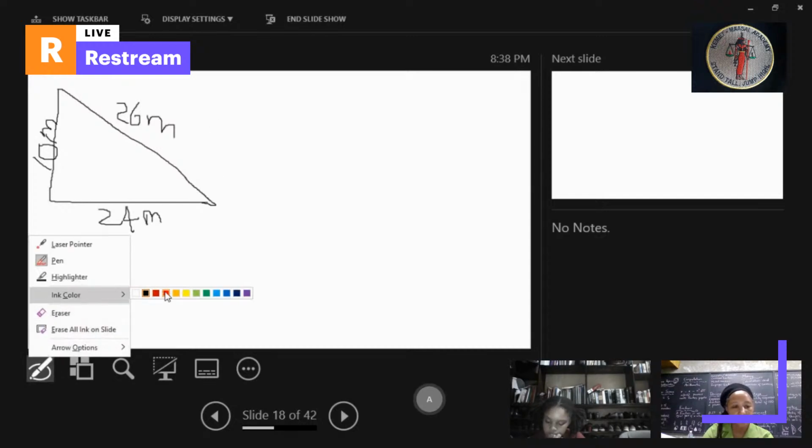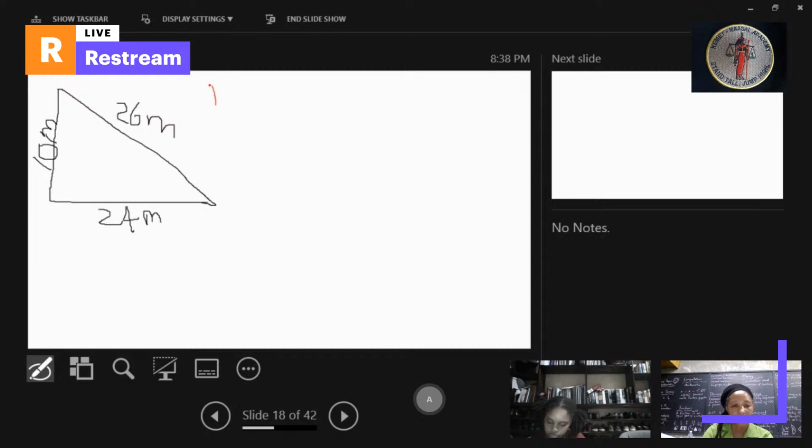First, you'd find the perimeter. So the perimeter would be 10 plus 24 plus 26. And that gives 60 meters.